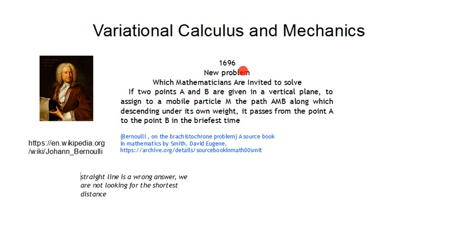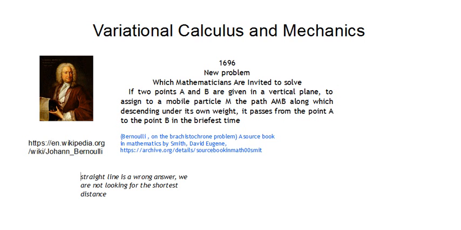You can find more details about the history of the problem issued by John Bernoulli in this source book in mathematics by Smith and David Eugene. Anyhow, in 1696, the challenge was made public by John Bernoulli.